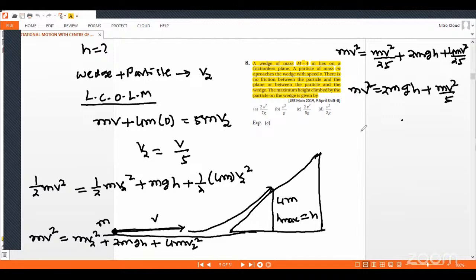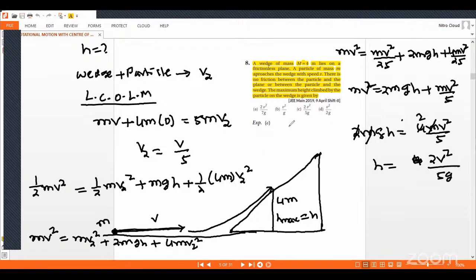So 2mgh equals 4mv square by 5. So h equals 2v square by 5g. That is option C.